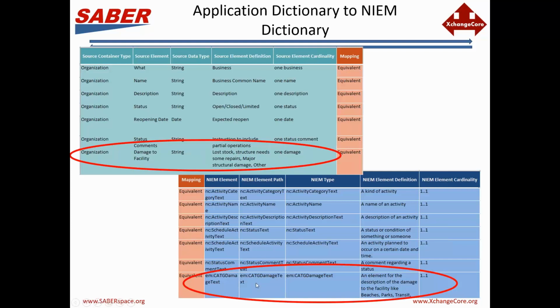That gets translated into a NIEM element, which is called EM:(CAT-G damage text. Its definition then becomes an element for the description of the damage to the facility, like beaches, parks, transit, etc. So you see the matching that takes place in order to go from the SABER language, let's call it, to the NIEM language that exists.